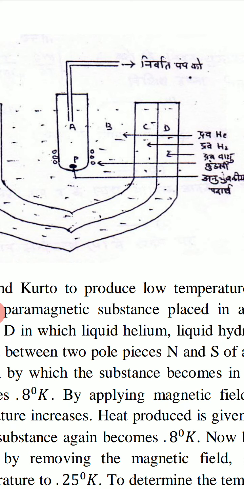Liquid helium has a low temperature of 0.8 degree Kelvin. So when helium gas is filled inside this tube A, this paramagnetic substance P comes in thermal contact with this liquid helium and its temperature becomes equal to that of liquid helium, that is 0.8 degree Kelvin.